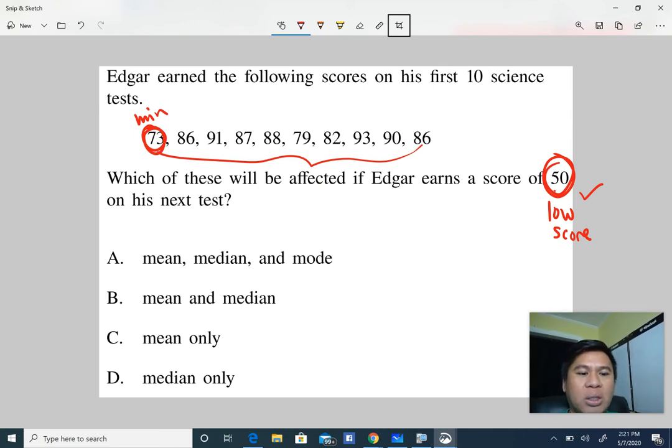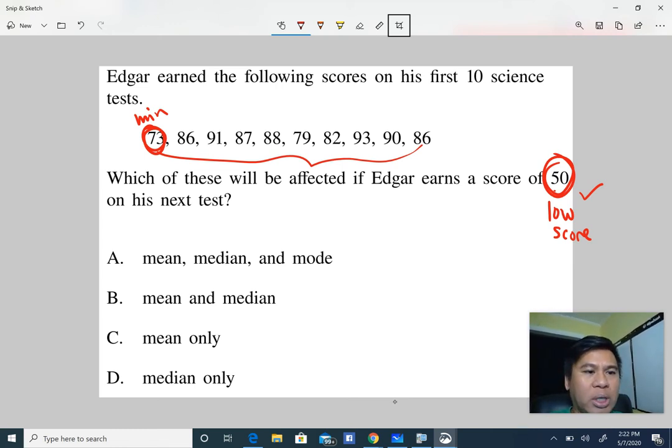So with that being said, if we add this extremely low score to our set of data, then that means the mean will be lower.